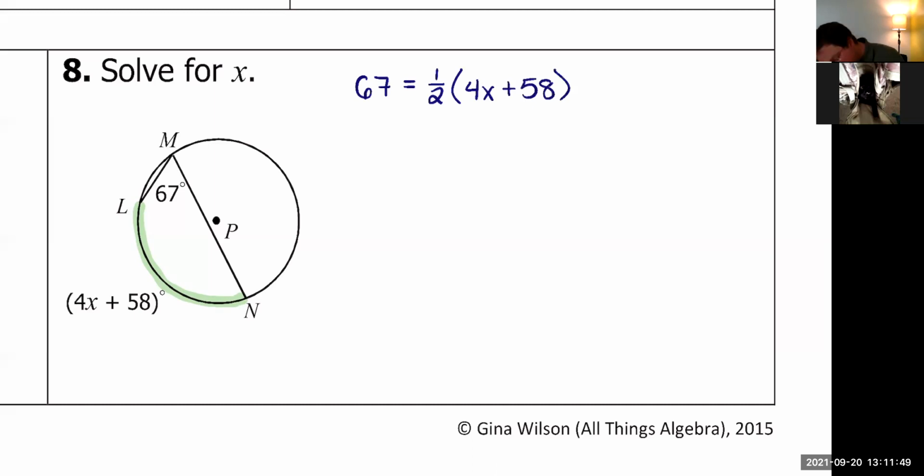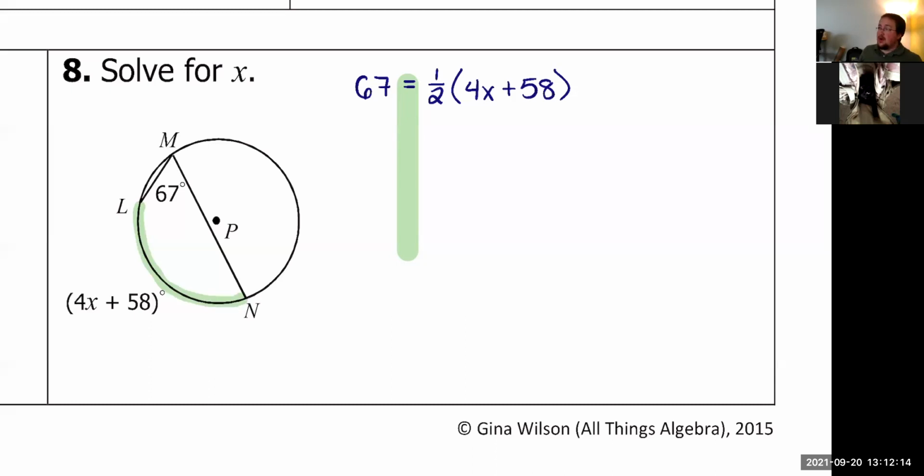Now, to solve this one, I'm going to leave it up to you how you prefer to solve it, because technically I have two options. I can multiply both of those terms inside the parentheses by 1/2. Luckily, they're both even, so it'll multiply nicely because you're really just finding half of 4 and half of 58.